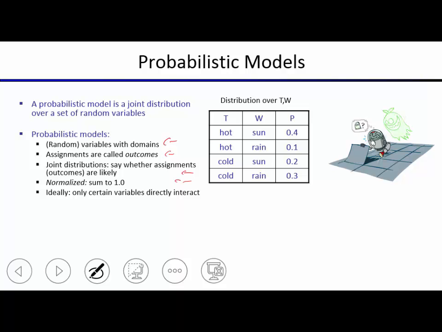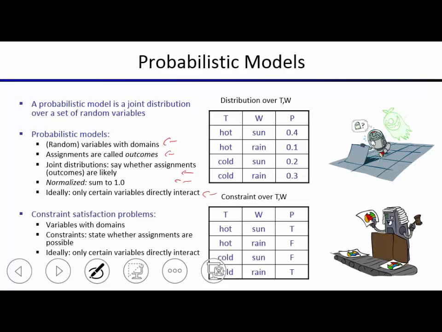They sum to 1, and often you set it up in a way that only small sets of variables interact with each other directly. Just like we saw for constraint satisfaction problems, where we had a constraint satisfaction graph encoding the constraints between variables, and often the graph would be sparse with only a small number of connections rather than every variable being connected to every other variable in the graph. We'll do similar things here. So the analogy is very, very strong.